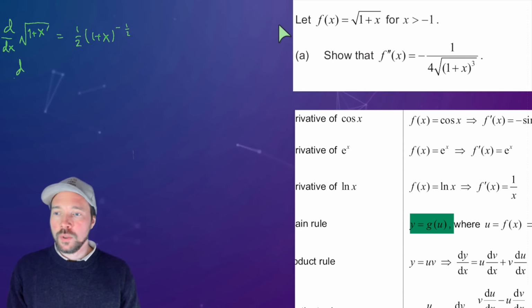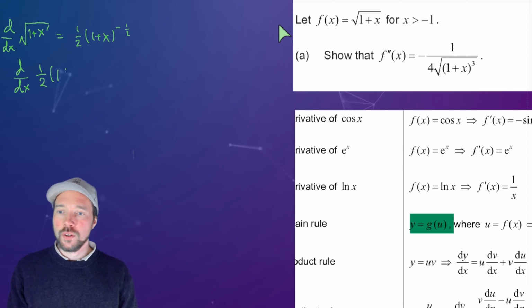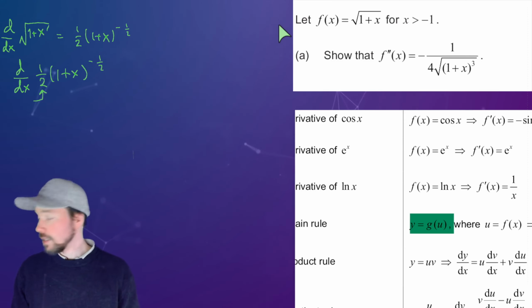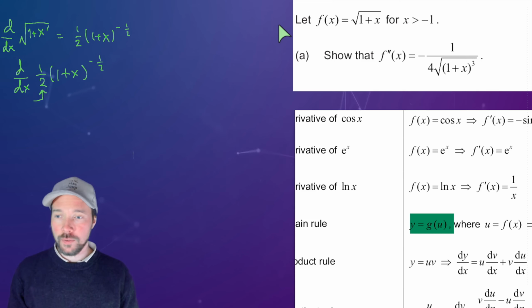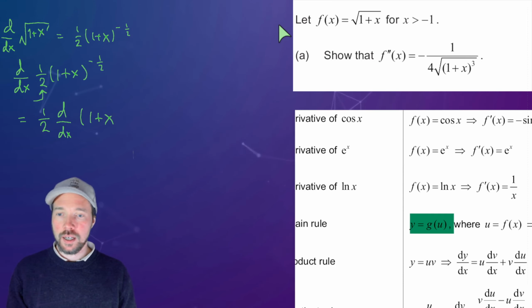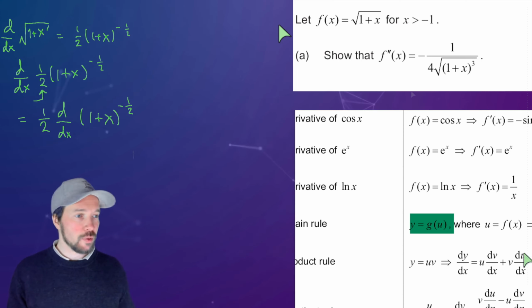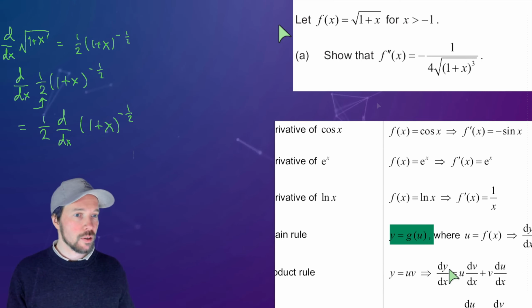Good. Let's see how we are going to do that. So the derivative of this. Okay, now the constant, we've got to take it out from the derivative, and now we can apply the same rule as before.